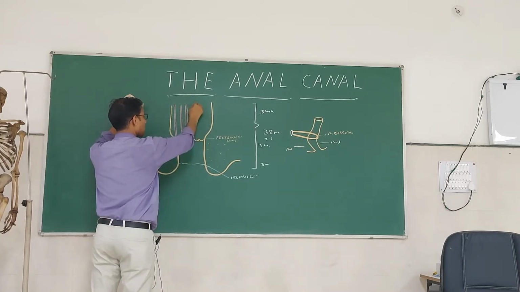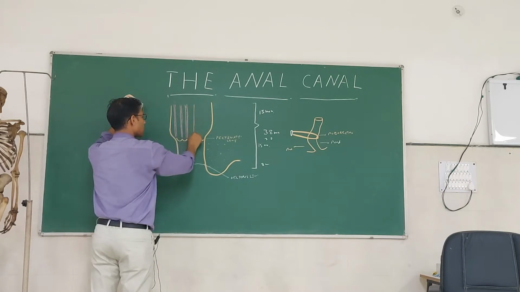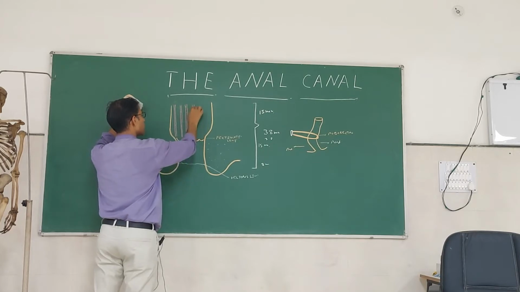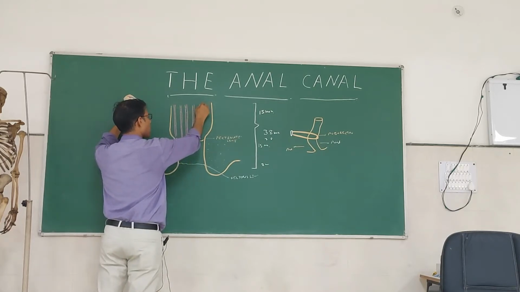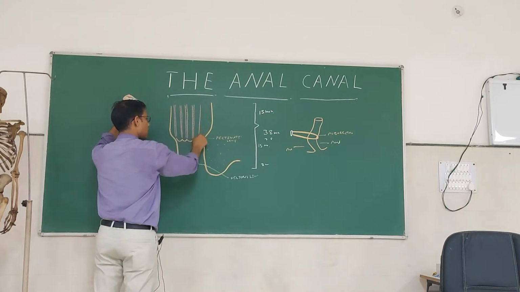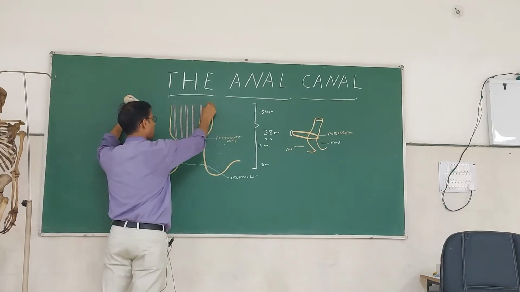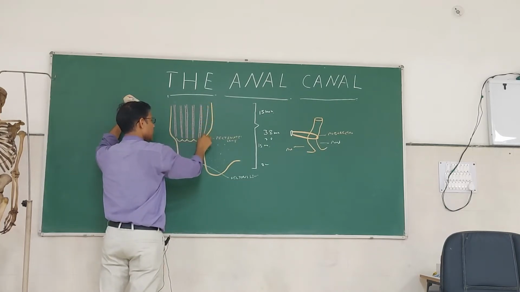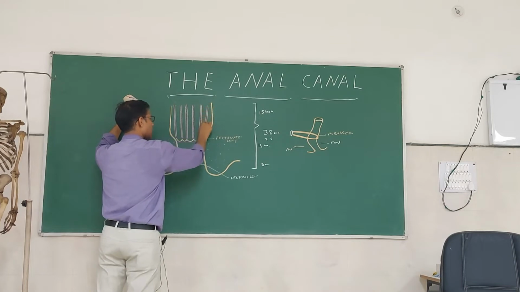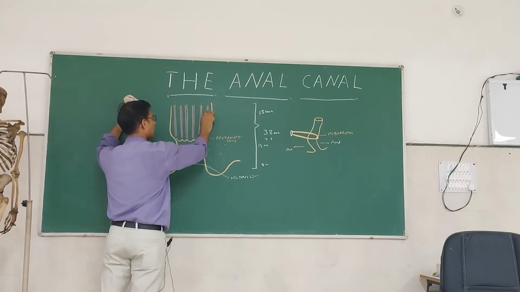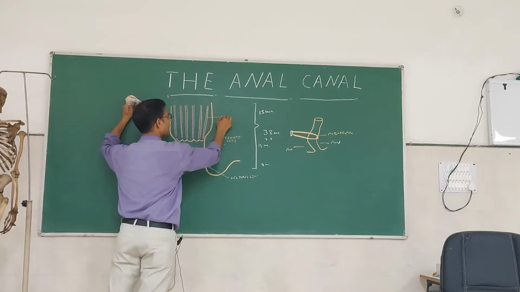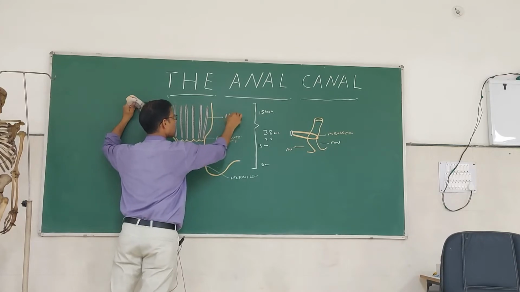These are the prominences, because underneath these cords or columns there is branching of the superior rectal artery or the superior rectal vein. If you put something longitudinal underneath the mucosa, it will appear like a column, and these columns are known as anal columns.